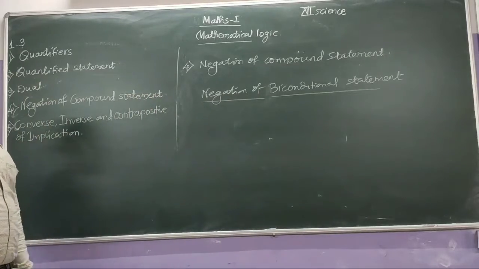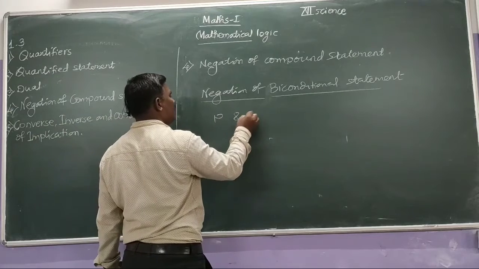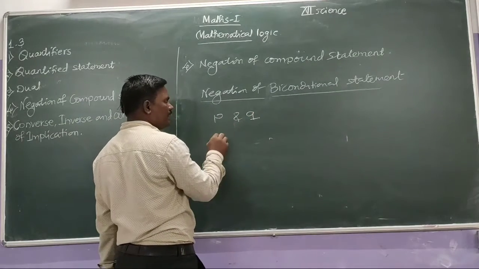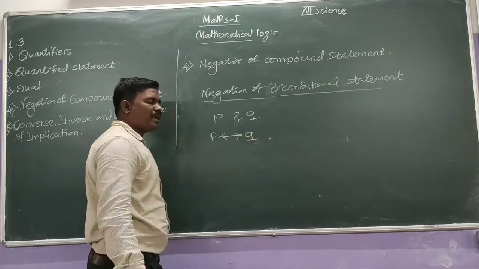Negation of the biconditional statements. Here again P and Q are the two simple statements. Then its biconditional statement is P implies Q and Q implies P.